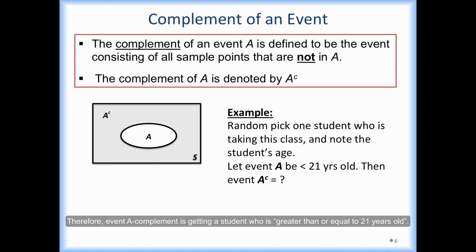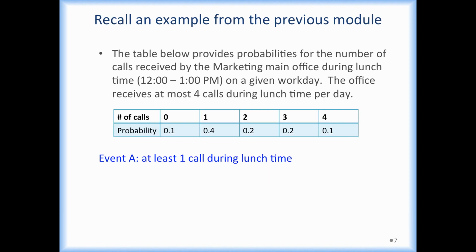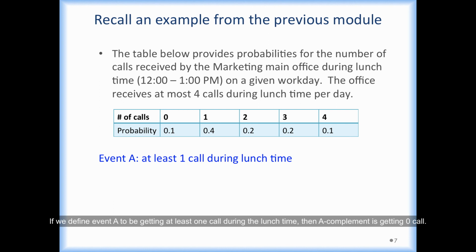Therefore, event A complement is getting a student who is greater than or equal to 21 years old. If you recall the phone calls example from the previous module, if we define event A to be getting at least 1 call during lunchtime, then A complement is getting 0 calls.